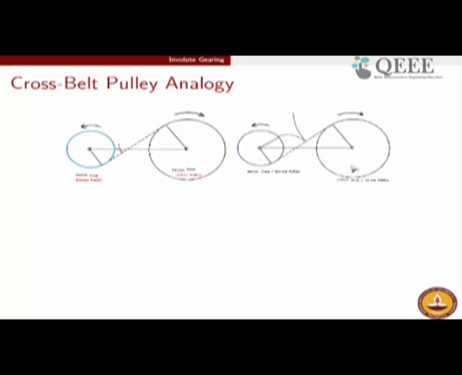But the point is that the point of contact with respect to the stationary frame is nothing but the belt itself, which is not changing. So, therefore, the common normal is nothing but the cross belt itself, which is not changing its orientation.